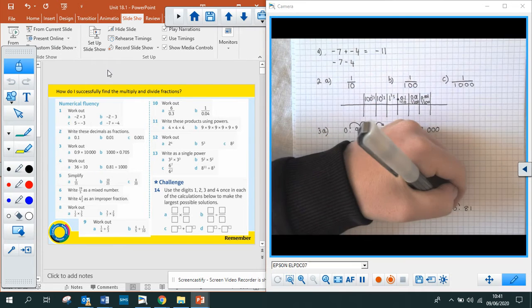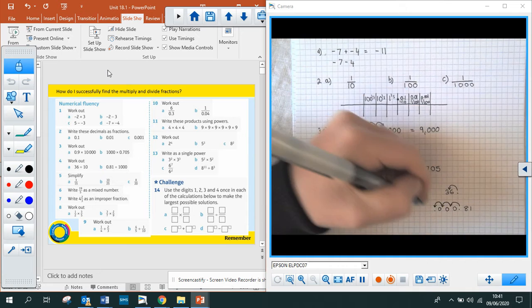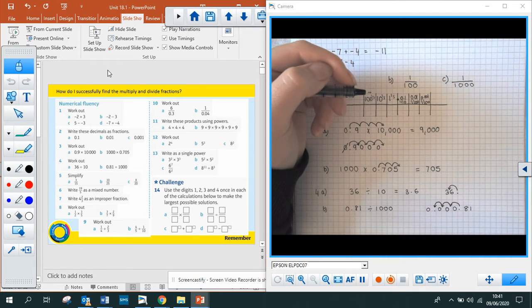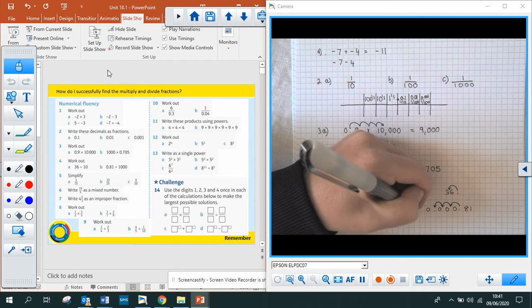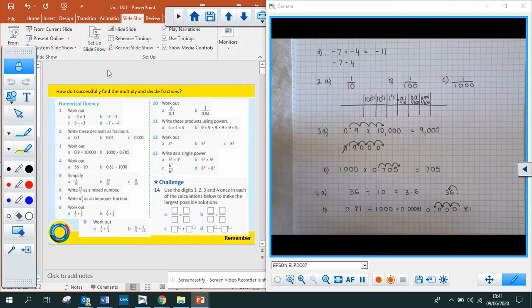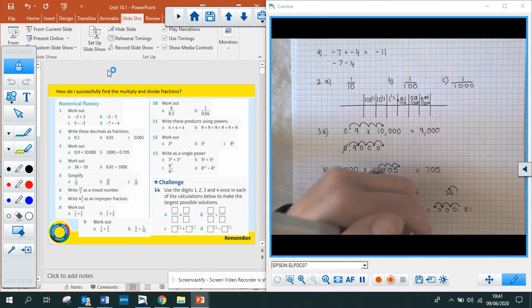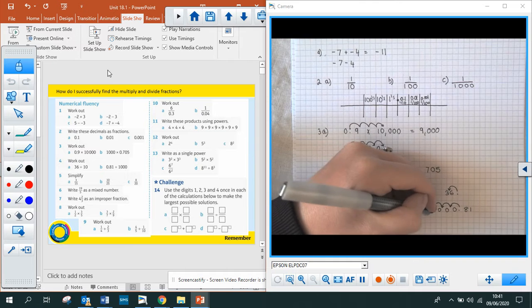So you need to fill out with the noughts, and you're going to end up with 0.00081. Okay, because it's become 1,000 times smaller. It's important that you remember that when you've moved it, that's where the decimal belongs, and as it's less than 0, you're going to need a 0 in front.